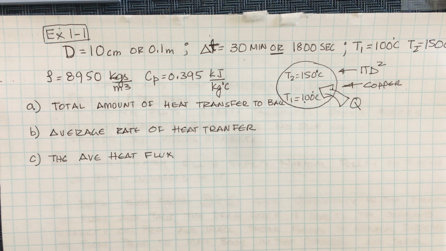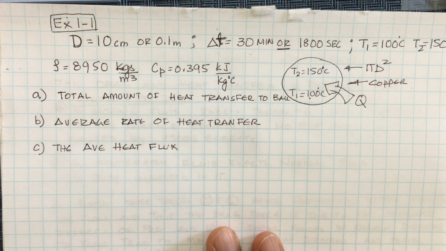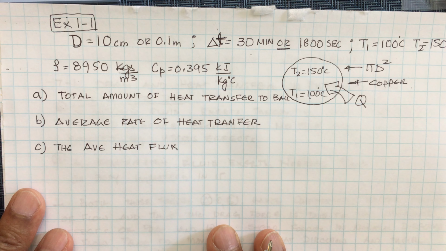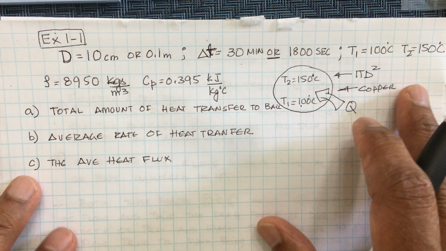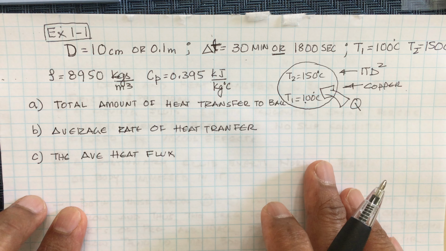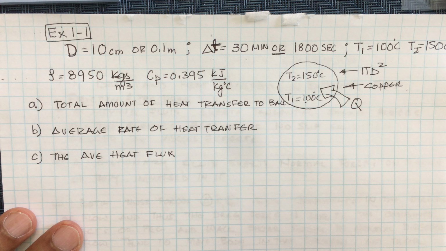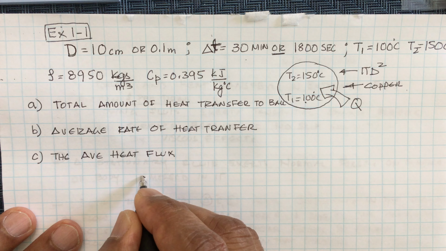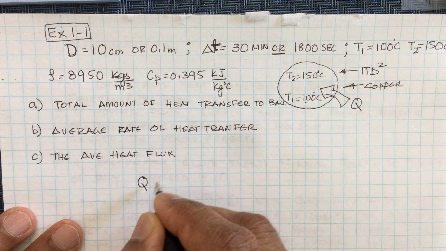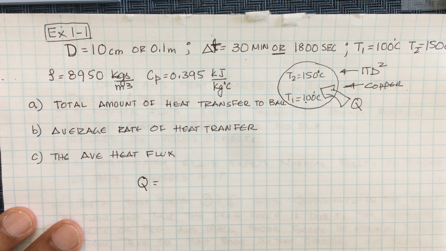That was the first thing we're trying to figure out. Just to give an idea of the units, the total amount is always in kilojoules. And the equation is Q equals, when you're heating it, what are you doing?